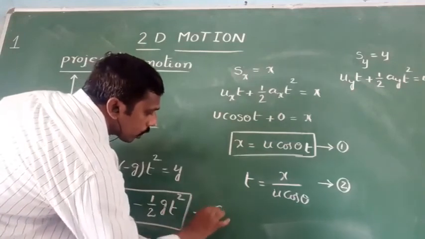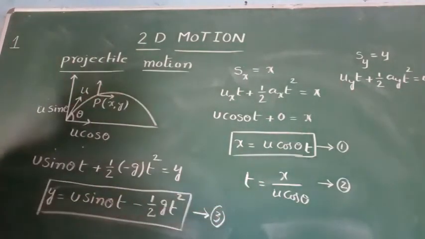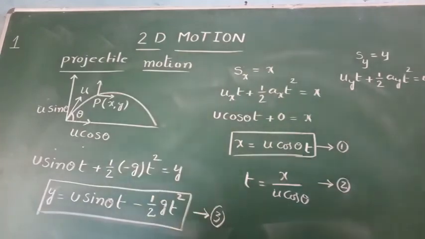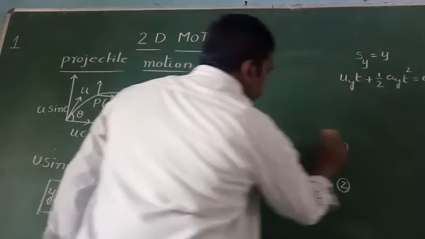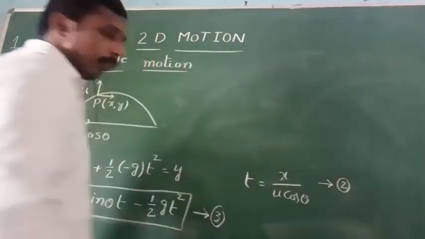Now you substitute the t value in this equation. Then we get t is equal to x by u cos theta.